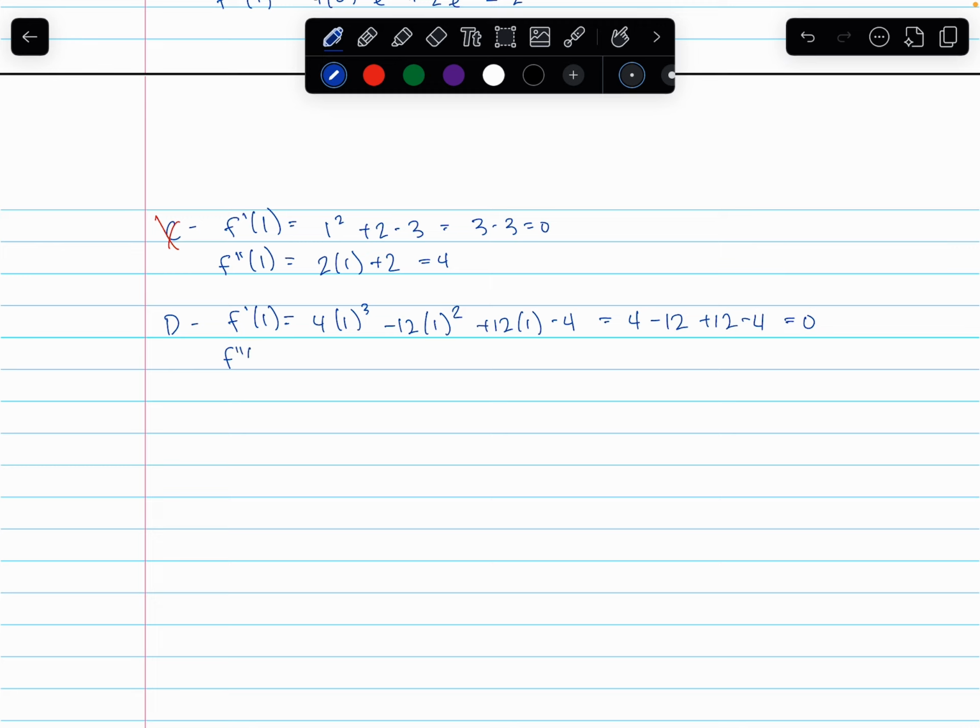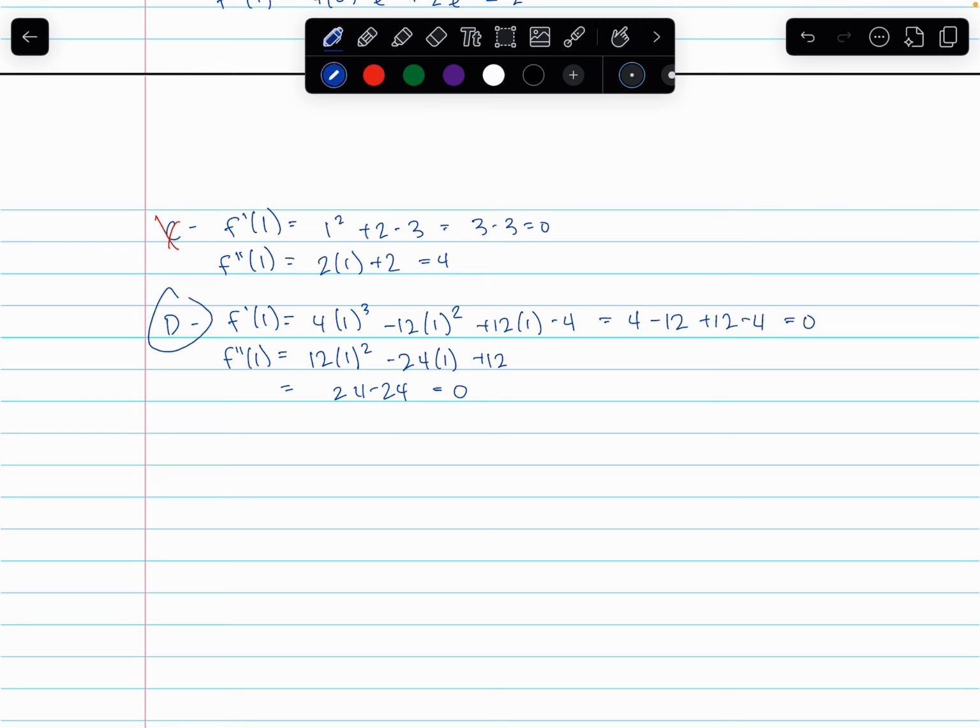And then f double prime of 1 is going to be equal to 12 times 1 squared minus 24 times 1 plus 12, which is equal to 24 minus 24, which is equal to 0. And because the second derivative is 0, it's inconclusive. So yeah, there we go. It's D.